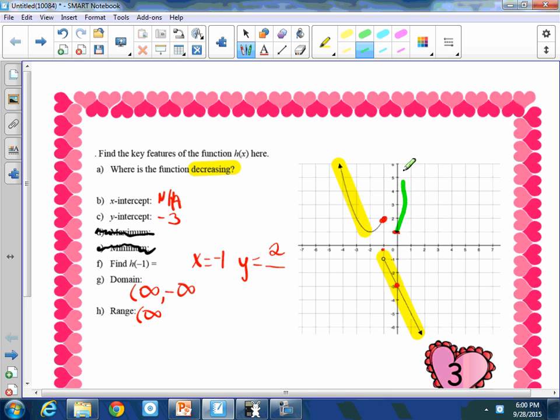Your range would be all of this up, and then from here, but it does not include that -1, all the way down. So that would be from +infinity to +1, and it does include the 1. And from -1 to -infinity. It does not include the 1 because that's an open circle.